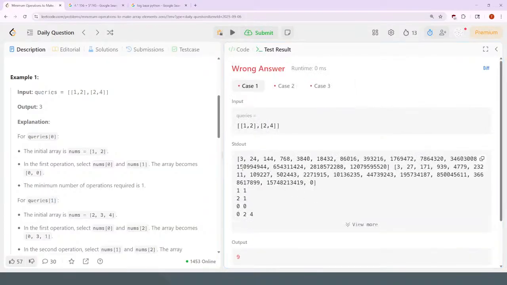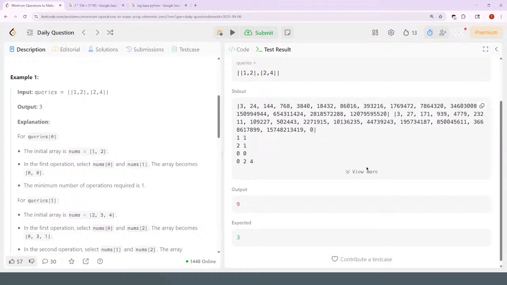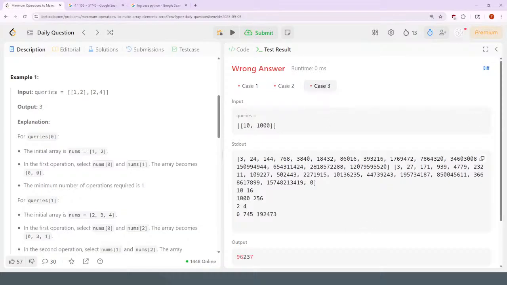Okay, for the operations, 3, those seem fine-ish. Okay, so why is it that, if I have prefix 2 and 4, 0, 1, 2, 4, it should be subtracting this thing by this thing, I think.